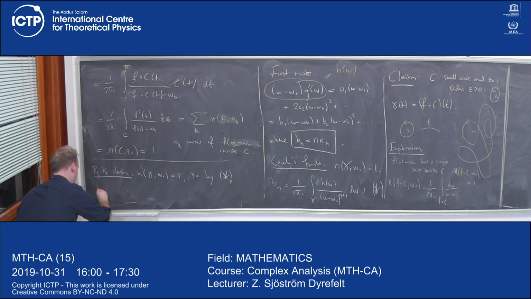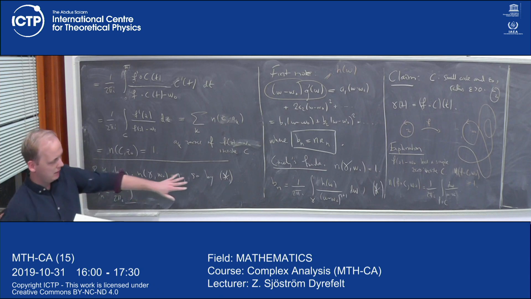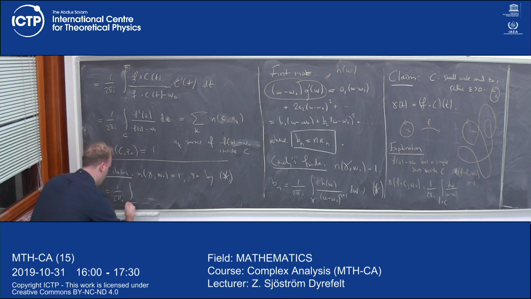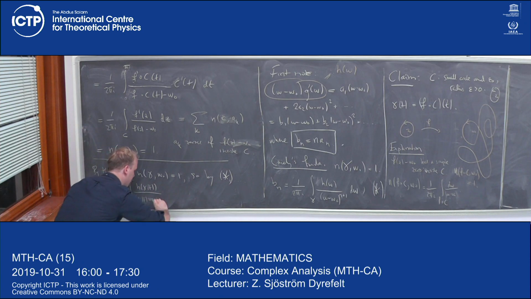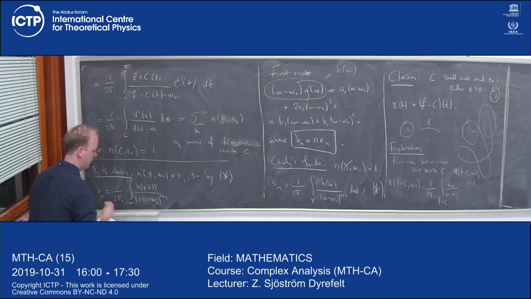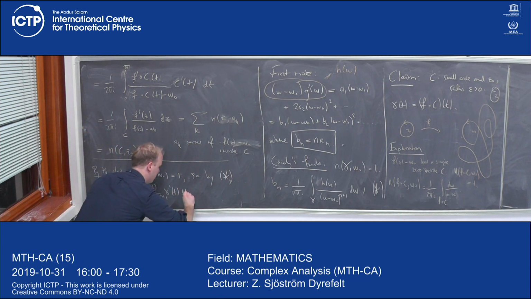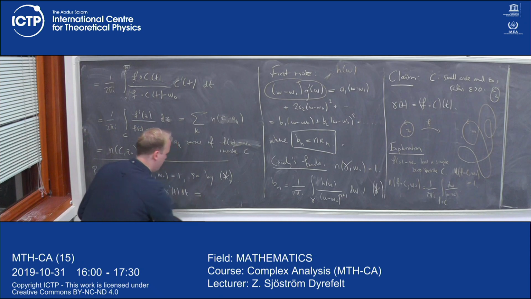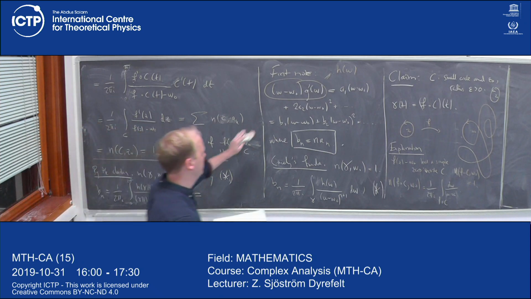Now we apply this formula: b_n is equal to 1 over 2 pi i, the integral of that, which is equal to the integral from 0 to 2 pi. I write it in parametric form: h of gamma of t over gamma of t minus w0 to the n plus 1, times gamma prime of t dt. So it's equal to this by definition. And then we continue our computation on this page here.